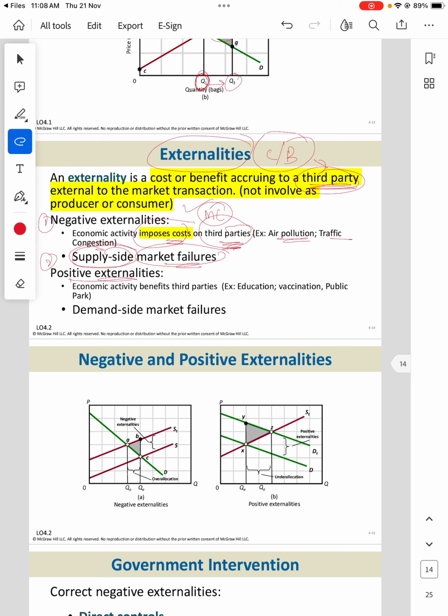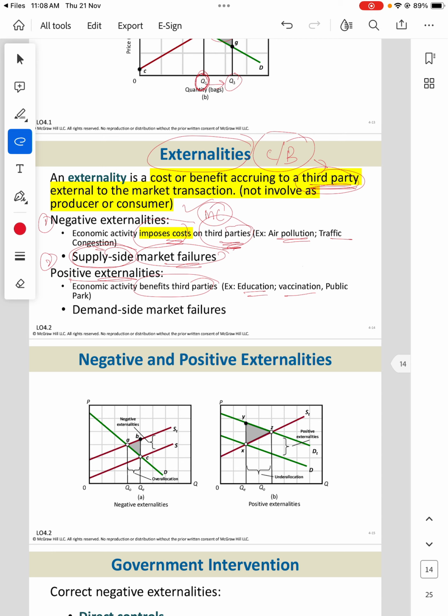Now we take a look at positive externalities. Positive externalities are economic activity that benefits a third party. For example, education: when people have education, they will work and contribute to the GDP of the economy.